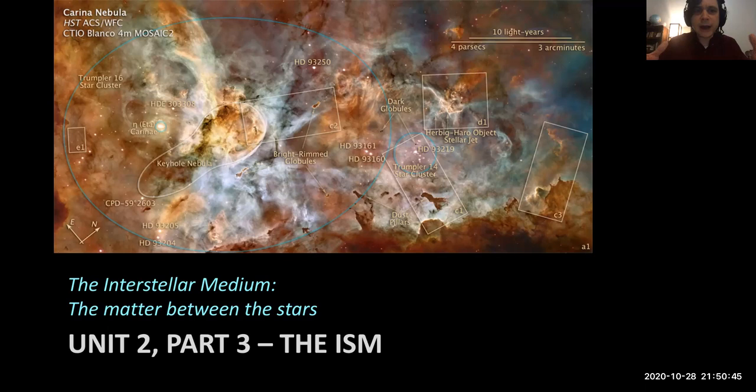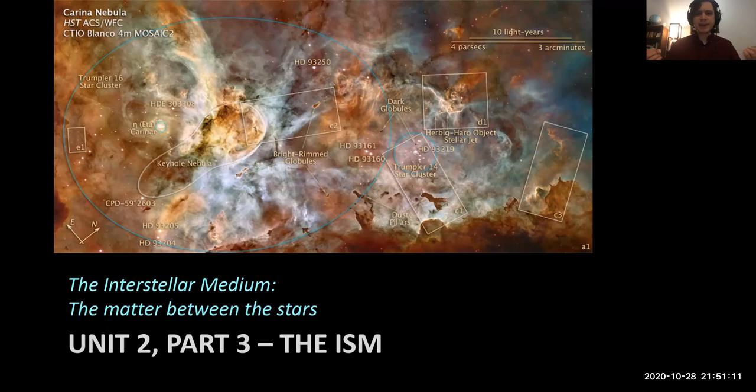But just look at all this action and all this stuff that's going on between the stars. The ISM, while often overlooked, is the source of what are typically thought of as our most beautiful pictures of outer space, all of our nebulae. And just a couple of things are going on. What you're seeing is this massive complex of gas and dust, this molecular cloud complex, out of which new stars are born.